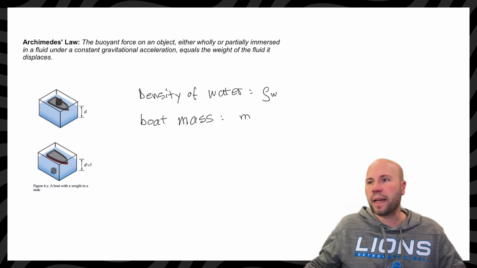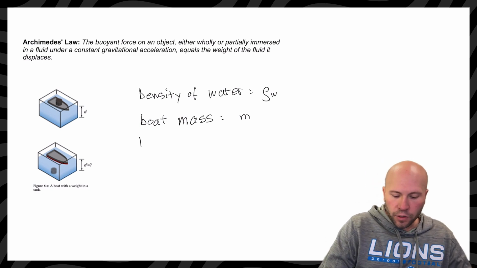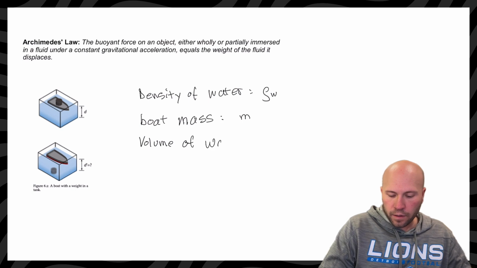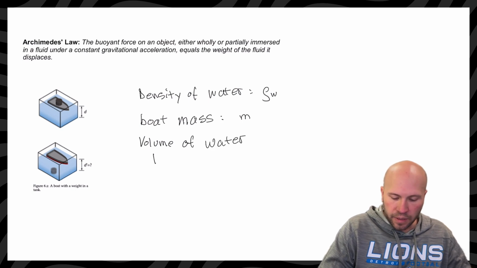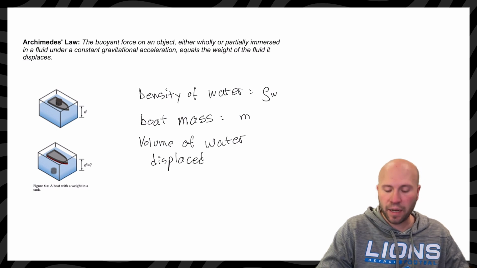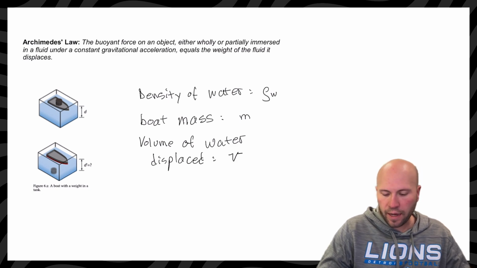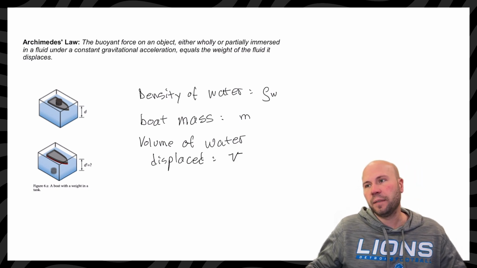So our little boat has a mass of m. And when it is in the water, the volume of water displaced by the boat, pushed aside by the boat, we're going to call that V, big V.